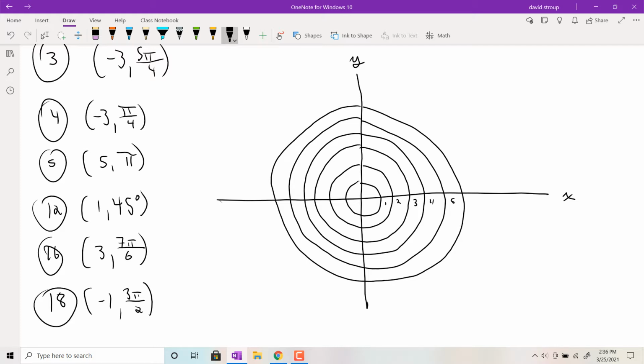And then I'm going to put these lines through that represent the angles. Okay, so I always just try. Let's put these in blue. Put them in a different color. So, you know, at pi over 4, and then the one at pi over 6, the one at pi over 3.